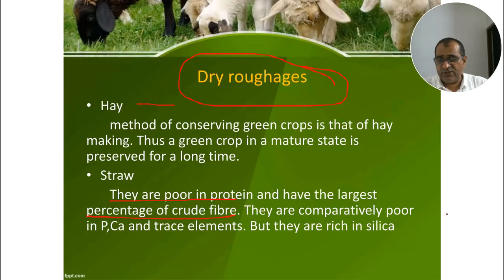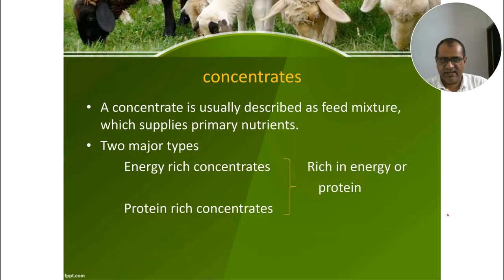Phosphorus and calcium are very important ingredients for milk production, especially in animals. But they are rich in sand silica. Of course, silica does not have any nutritional value, and hence it will be excreted in the dung.